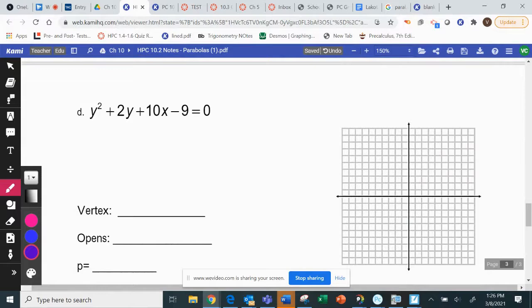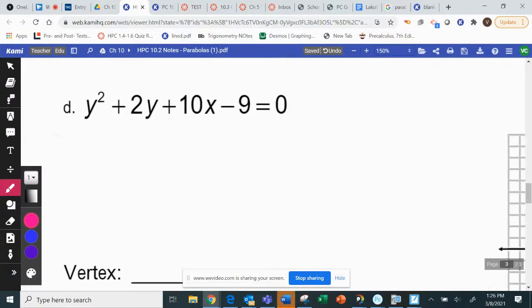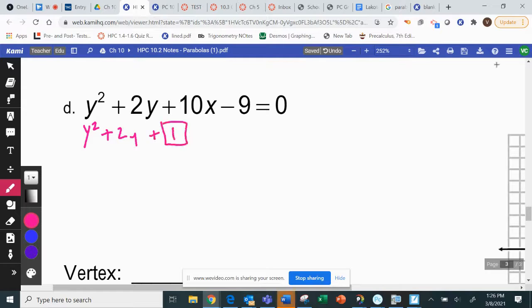So not in the correct form, got to make it in the correct form. What are we going to complete the square with? Can't hear you. The y. So we're going to do y squared plus 2y plus 1 equals negative 10x plus 9 plus 1.